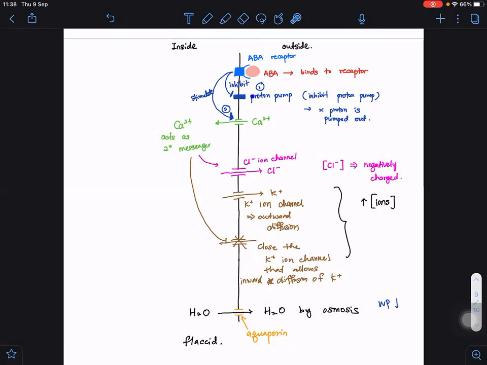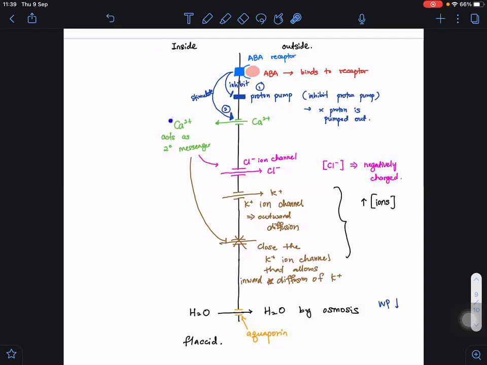One, it inhibits the proton pump, so no proton can be pumped out. Second, it also stimulates the opening of the calcium ion channel, so calcium ions move from outside of the cell into the guard cell.